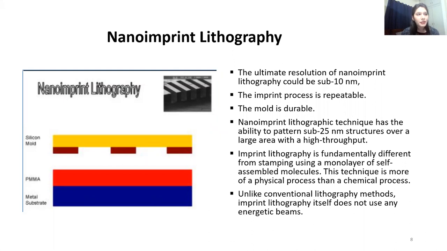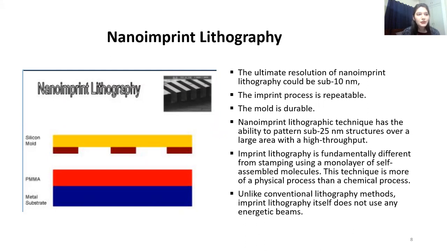The imprinting mechanism is repeatable and the mold is durable. The key advantage of this lithographic technique is the ability to pattern 25 nanometer structures over a large area with high throughput and low cost. Nanoimprint lithography over a non-flat surface has also been achieved.